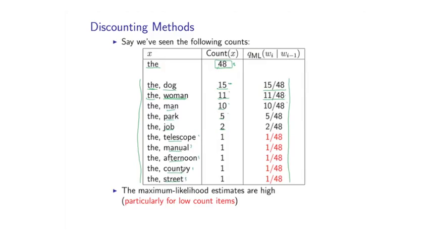That's a rather informal description, but you can actually show rather more formally that these estimates are going to be systematically high. That's particularly true for these low count estimates. For example, the probability of street following "the" being 1 over 48 is going to be a rather high estimate in this case.